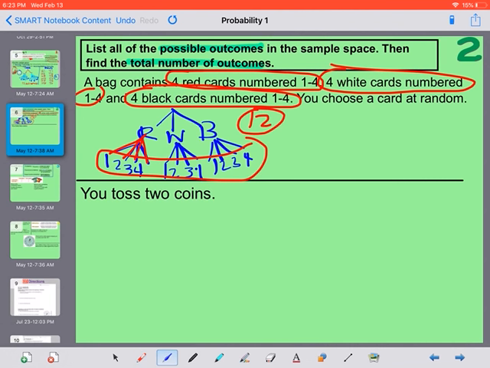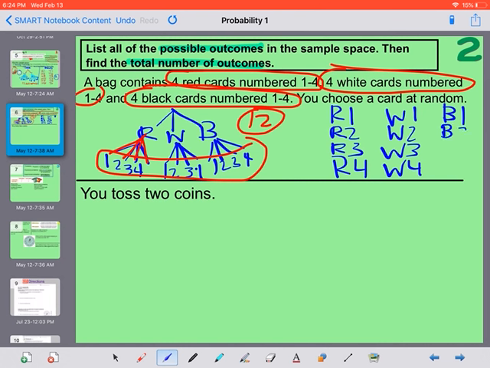If we listed them out, we could get a red that's a 1, a red that's a 2, red 3, red 4, white 1, white 2, white 3, and white 4, or black, same thing. Still shows that there are 12 total outcomes.